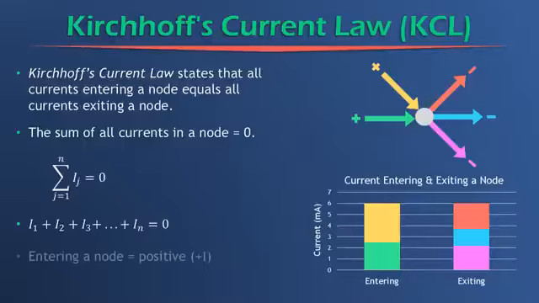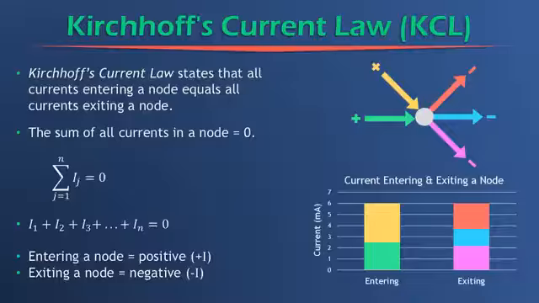So we use the convention that a current entering a node is a positive I, because you can think of it as adding to a node, and a current exiting a node is a negative I, because you can think of it as being subtracted from the node. So let's do a problem with this.